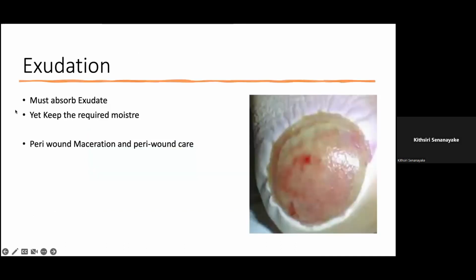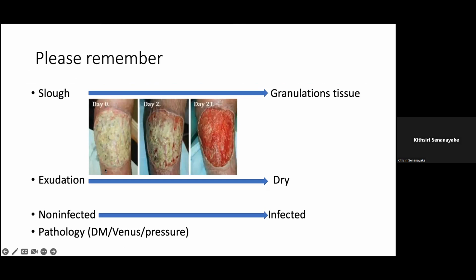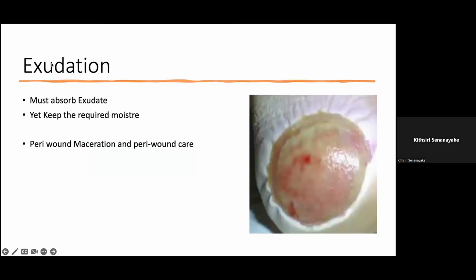The second thing I'm going to discuss is the exudation. If your wound has lots of exudation, what will happen is your surrounding skin will get soaked. That is called peri-wound maceration. I think Dr. Thushan also mentioned this. The wound edge is the one which helps to heal the wound.